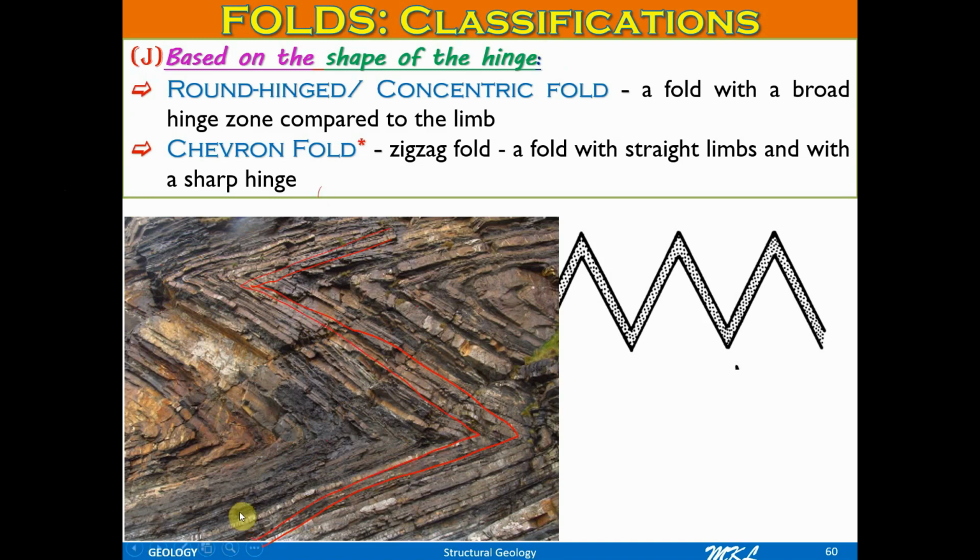Several foliation structures you can see. So this type of fold is a special type of fold, and this zigzag fold is called chevron fold. So what's the basic idea of the chevron fold? It is a fold with straight limbs with sharp hinges. That's the basic criteria to describe a fold as a zigzag fold.